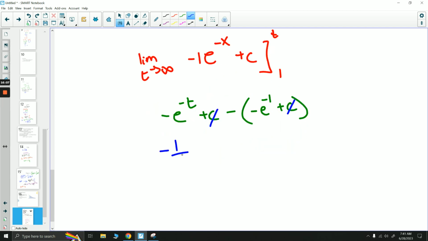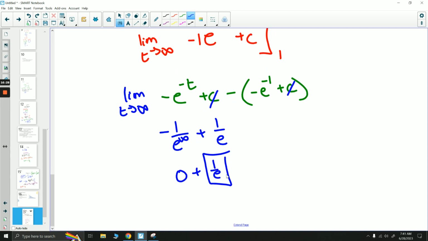We have negative 1 over e to the t, and we're taking the limit as t approaches infinity. Negative 1 over e to the infinity plus 1 over e. Now, e to the infinity goes to infinity. Negative 1 over infinity is 0, plus 1 over e. So it converges to a value.